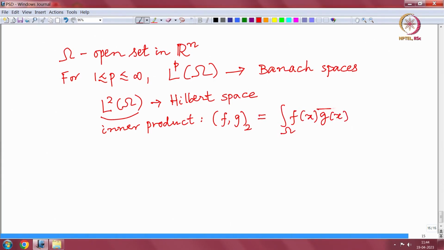If you are dealing with only real valued functions, there is no need to use the bar. This is the complex conjugate. Either way, at this stage it does not make any difference. We can deal with only real valued functions or complex valued functions, no problem.